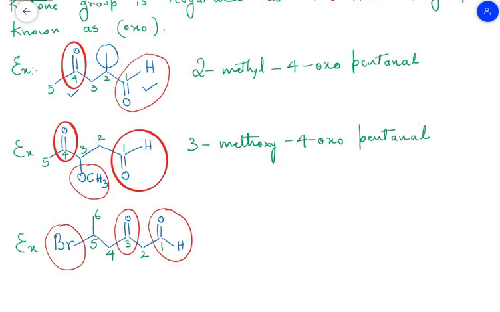So the name of this organic compound becomes 5-bromo-3-oxo-hexanal. Remember students, aldehyde will always end with al, not ol. If it is ol, it becomes alcohol.